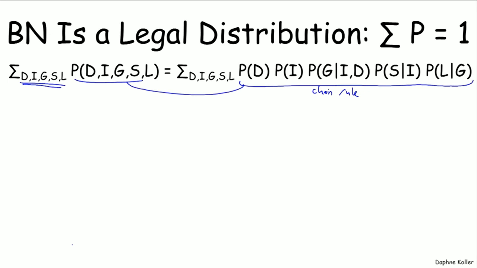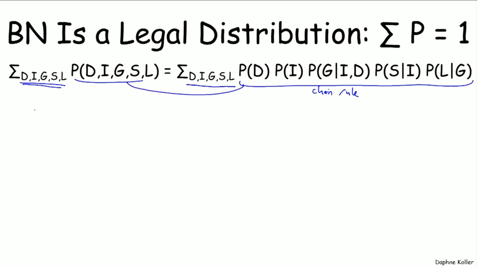Okay. So here's the magic trick that we use whenever we deal with distributions like that. It's to notice that when we have this summation over several random variables here, and inside the summation we have a bunch of functions, each factor only involves a small subset of the variables.